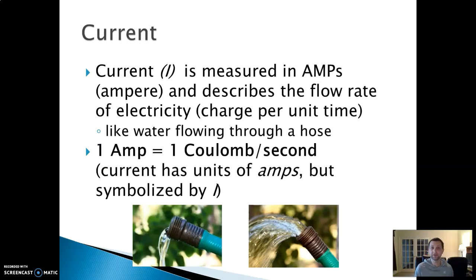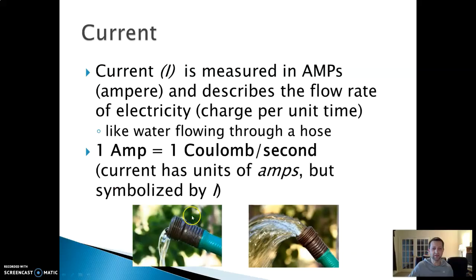Current, which is what we really need to focus on here, is symbolized by an italicized I. What's the unit for current? Well, current is measured in amps or an ampere, and it describes the flow rate of electricity. So it's charge, which is coulombs, per unit time, which in this case will be seconds. You want to think of it like the amount of water flowing through a hose.